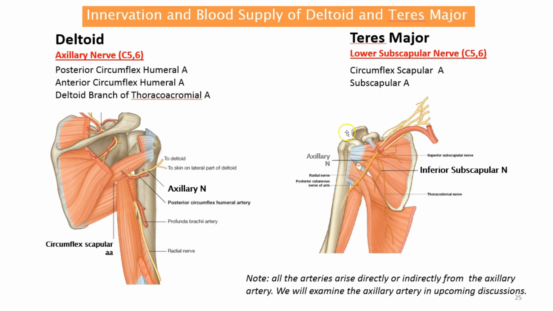Certainly that could give off some vessels to the deltoid. We have a deltoid branch coming off the thoracoacromial artery as well. In other words, the deltoid is going to take blood from any vessel in the region. Similarly, the teres major muscle, as it courses through here, might get blood from any of these vessels. Here are 3 vessels. I only have 2 listed, but here are 3 vessels. It could take blood from any of those coursing through the area.